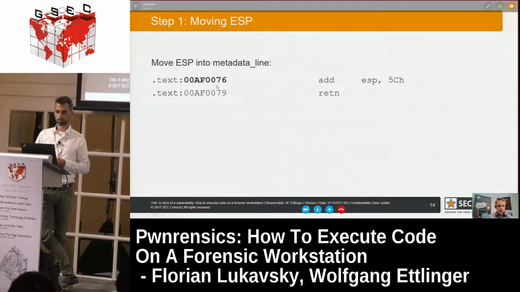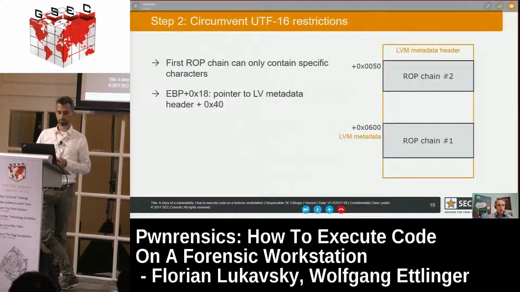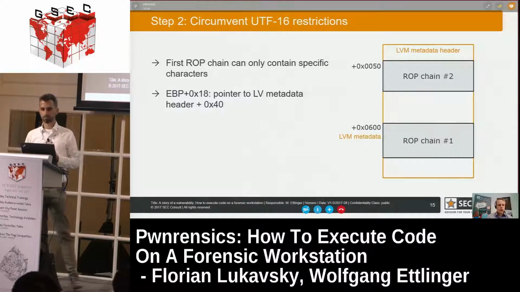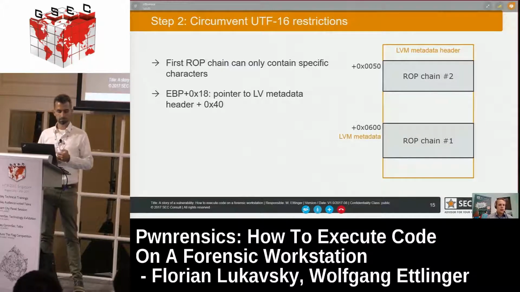So when we are at our first ROP chain, we have to deal with this UTF-16 restriction somehow, because in this first ROP chain we are very restricted with the gadgets that we can call. There are only a couple of gadgets that are actually usable, so we have to find a way to deal with this in a way that we can execute arbitrary code.